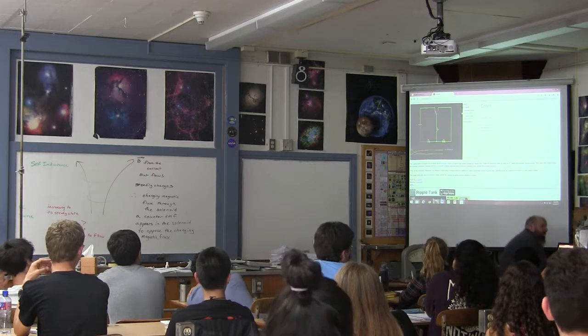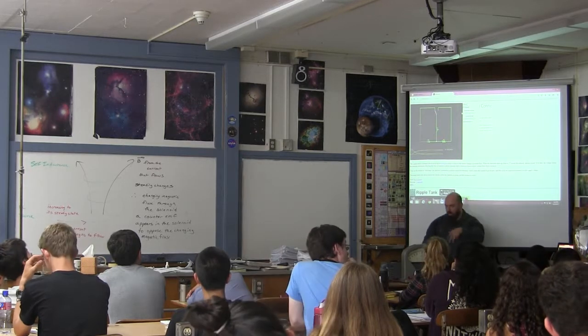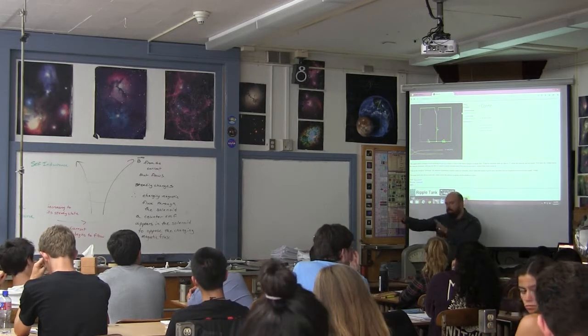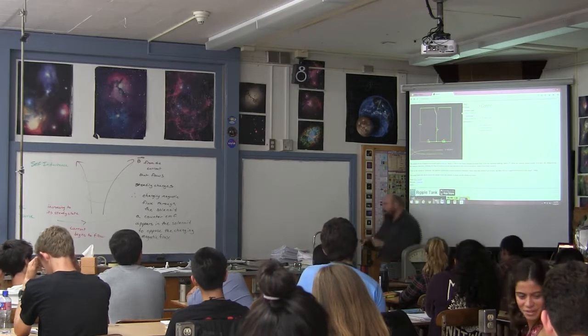The tough part of all of this is conceptualizing what has to happen. Okay, now how do we begin to describe all of this? We describe it in the following way.